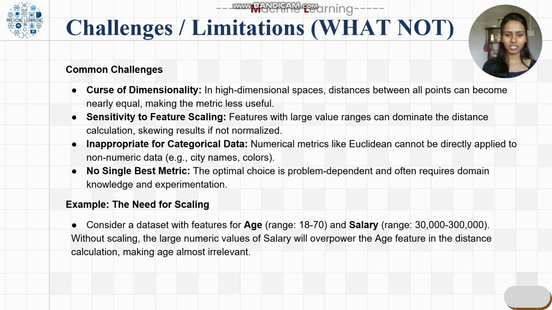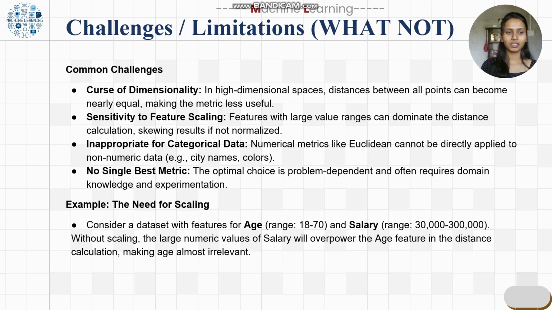Here is an example of feature scaling. Age and salary are the two features, and we have to scale them into one range by normalizing them, so the data set won't look left skewed or right skewed. It is just normally distributed.